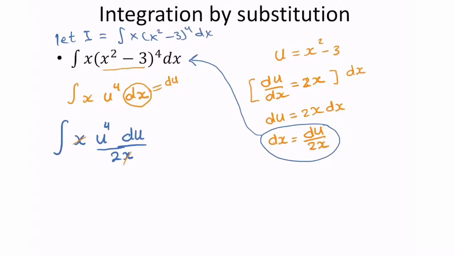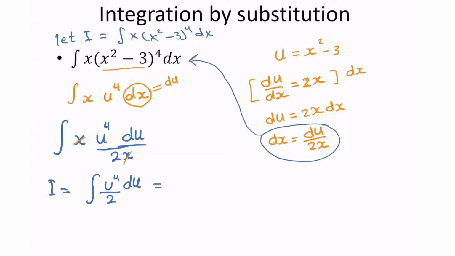So I, which is the question from the beginning, equals the integral of u to the power 4 over 2 du. And this will be just straightforward now.